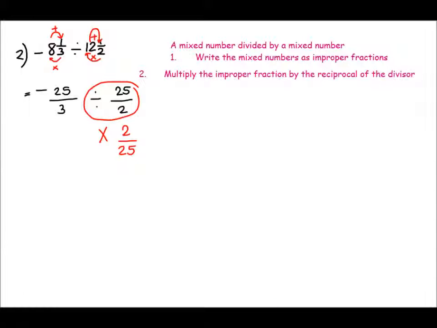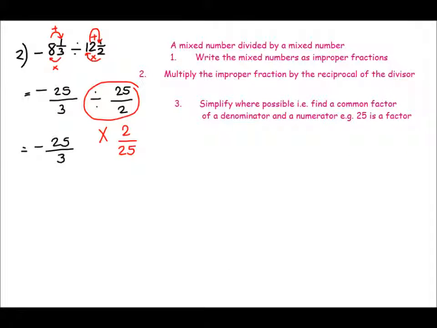So we've got negative 25 over 3 multiplied by 2 over 25. Simplify or cancel where possible. It just makes your calculation that much easier. We've got 25 goes into 25 once, 25 goes into 25 once.